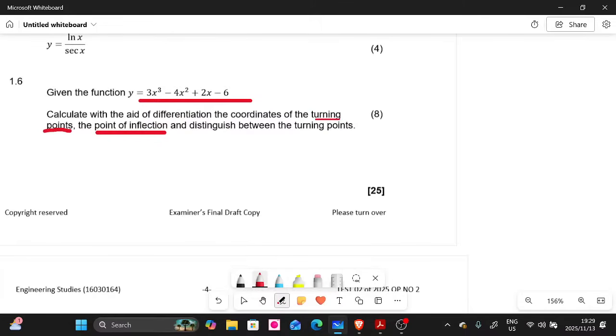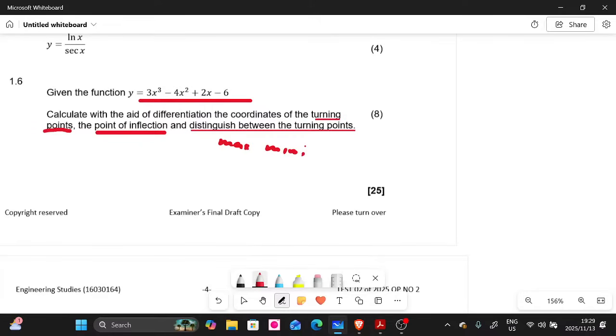And then you distinguish between the turning points. That last line there, distinguishing between the turning points: they want to know which one is maximum and which one is minimum, right? That's basically what they're asking for. So these are free marks, people. I need you to pay attention. If you are doing this for the first time, I need you to pay attention.